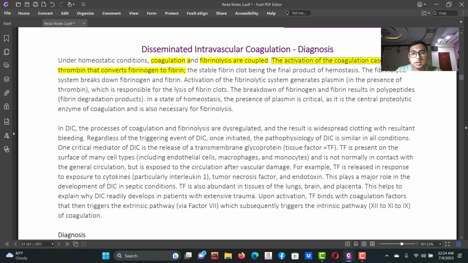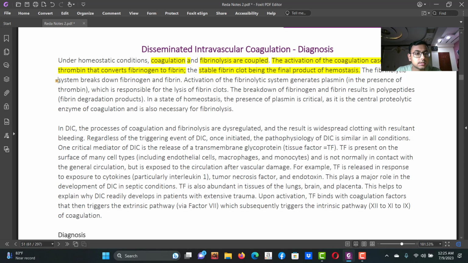This is very important: the coagulation cascade must be activated. The stable fibrin clot is the final product of hemostasis, so fibrin must be stable, forming hemostasis.